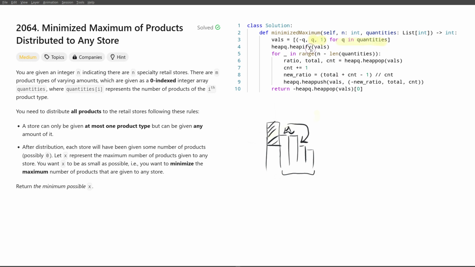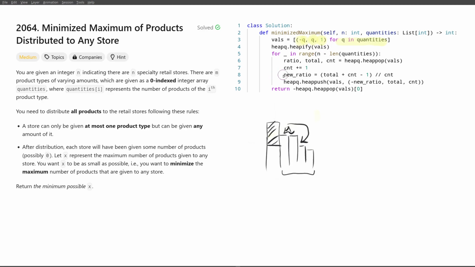And we want the sorting to be done on the ratio rounded up, and we want, of course, to get the highest value. So the ratio at first is q, and we'll be maintaining negative values because if we maintain negative values, then we get maximum heap, in essence, if we remember to negate it, because the heap will always give us the smallest value, and the smallest negative value will be the value which has the biggest absolute value, which is what we want.